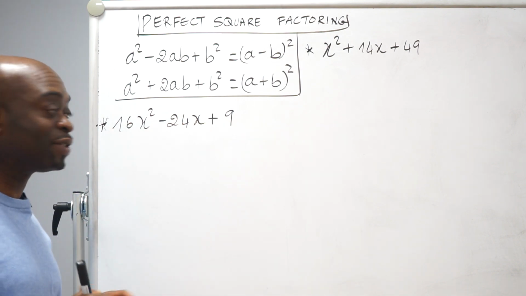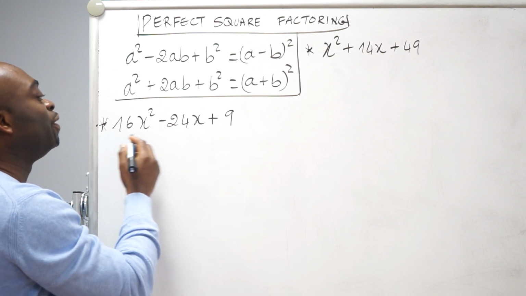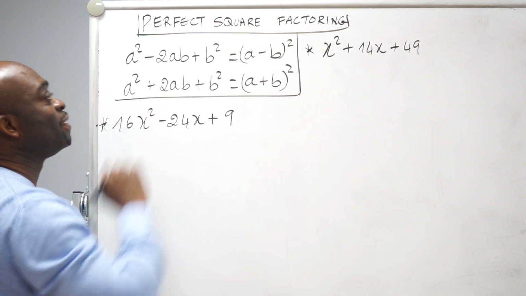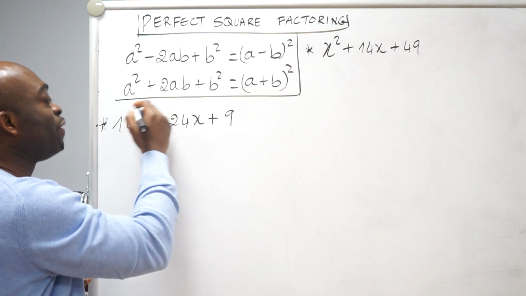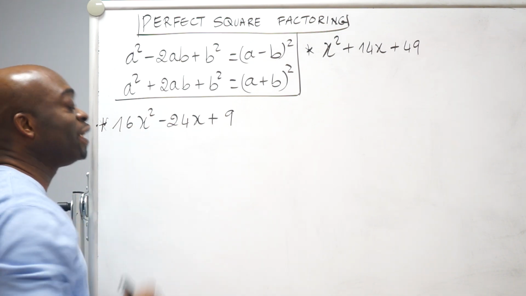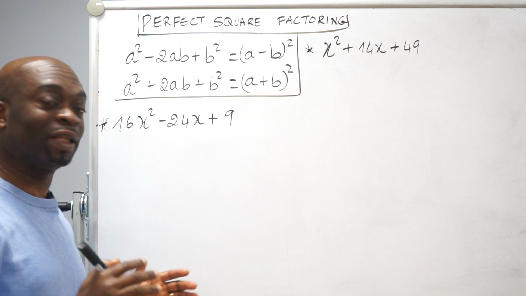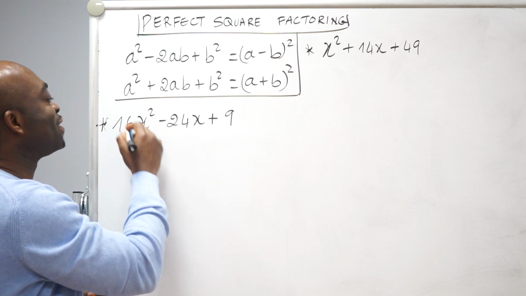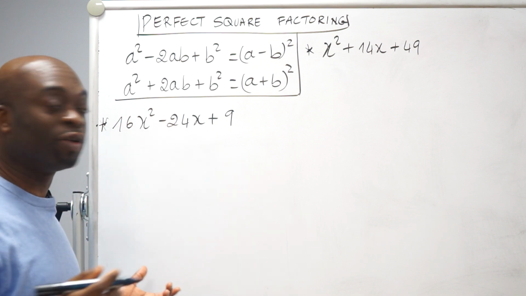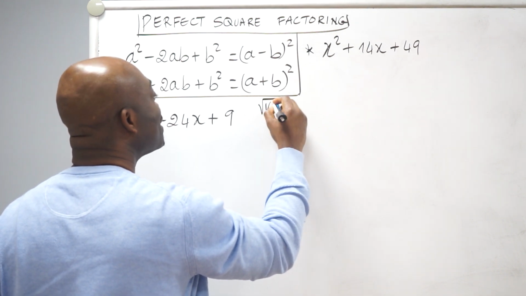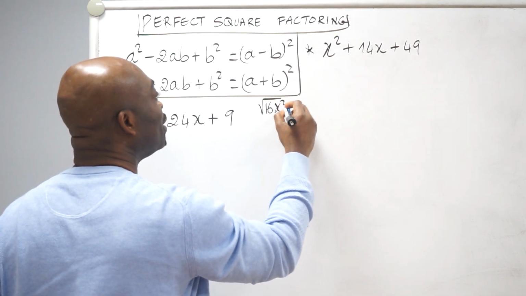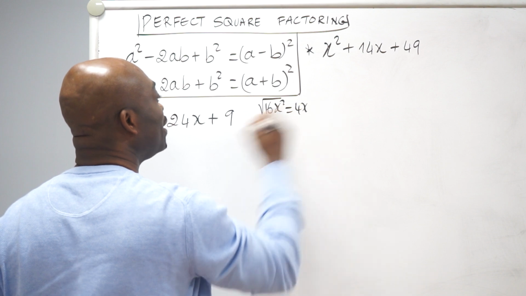Now, the other thing is, before you even claim that it is the first format, you have to be able to take the square root of the first term and the square root of the third term very quickly. So what's the square root of 16x squared? That would give you 4x, right?